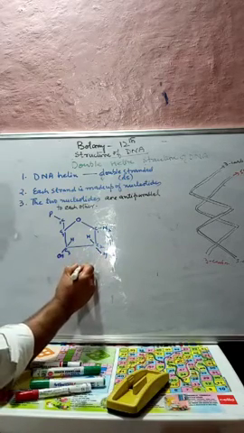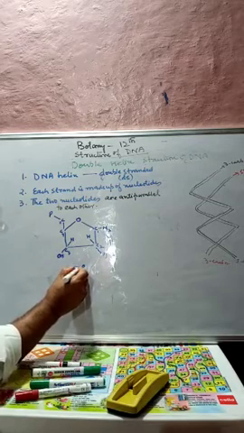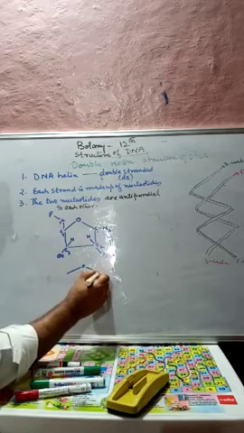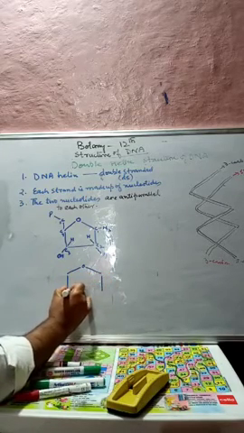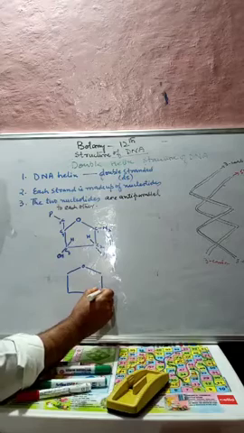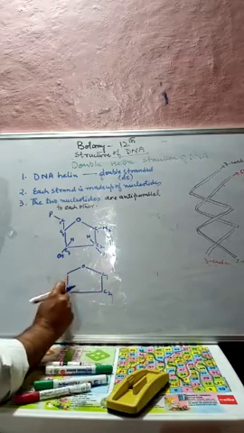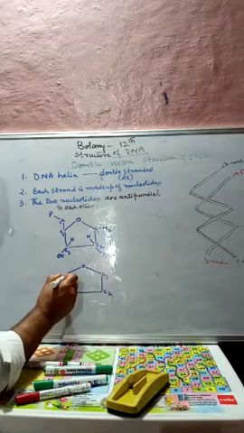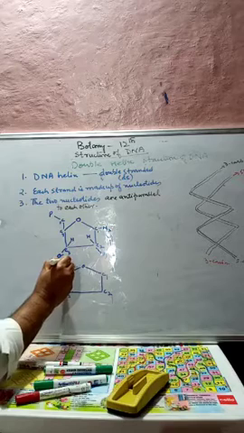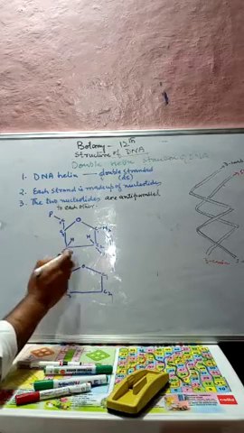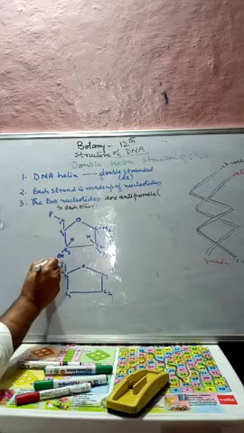Let us try to draw another one, pentose sugar, this nucleotide. This is carbon 1, this is carbon 2, this is carbon 3, this is carbon 4, and this is carbon 5, C5, and this is the phosphate group.